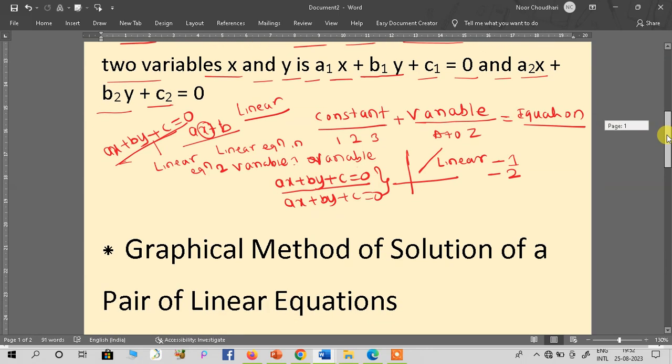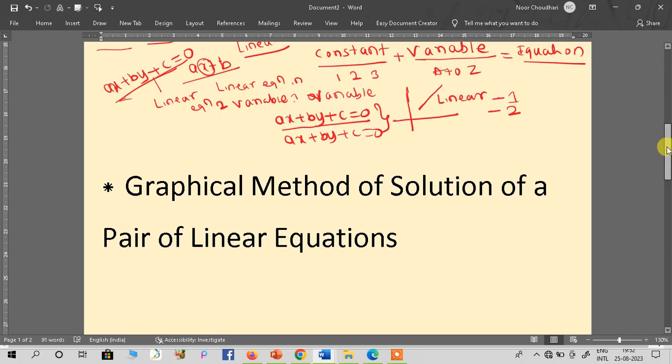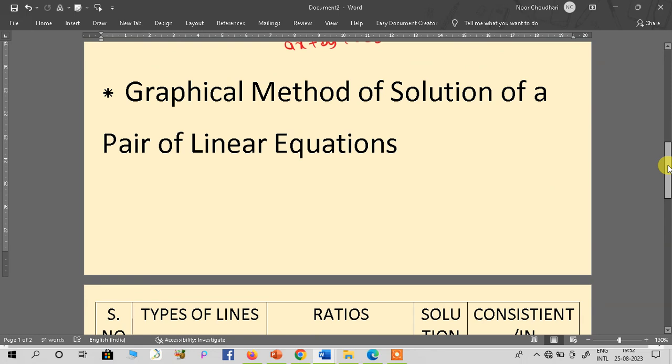Graphical method of solution of a pair of linear equations. So first of all, if I take two linear equations, a1x plus b1y plus c1 is equal to 0, and second, a2x plus b2y plus c2 is equal to 0.